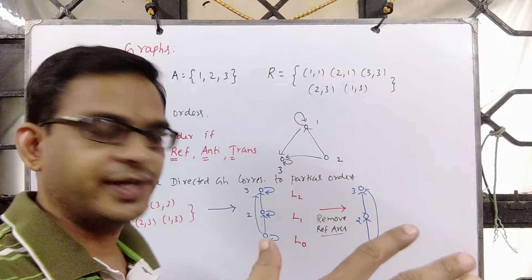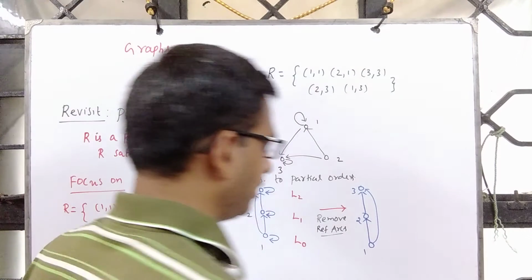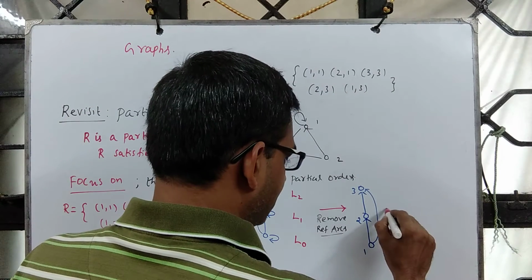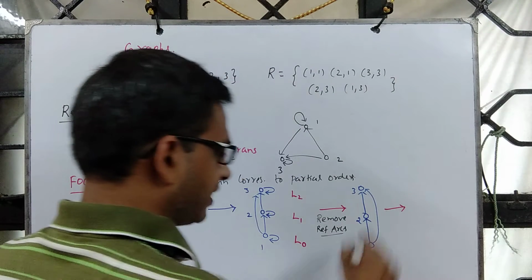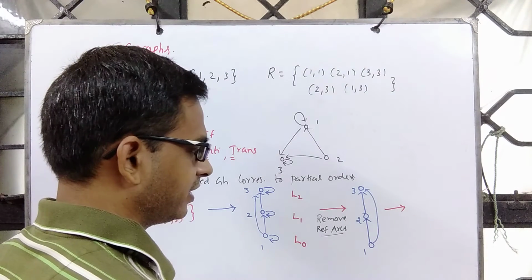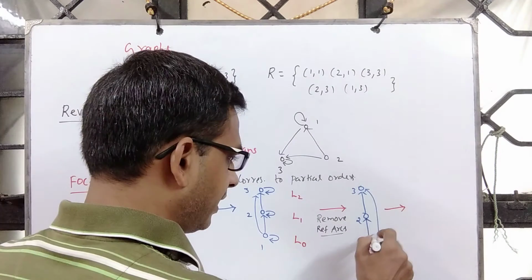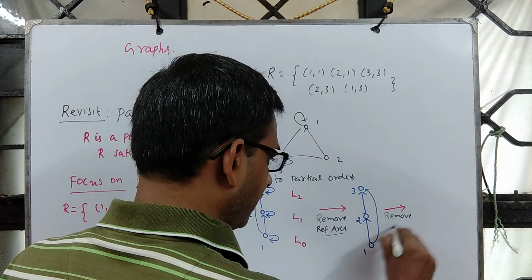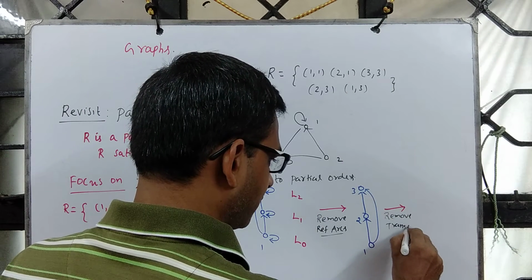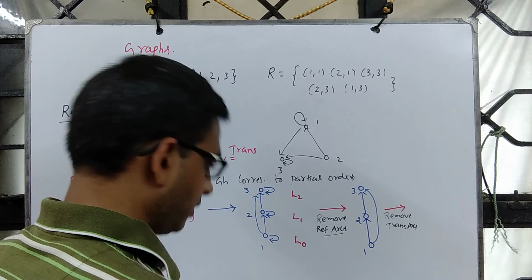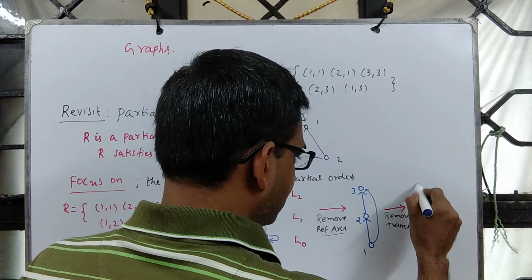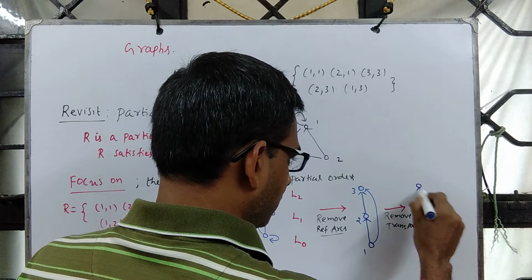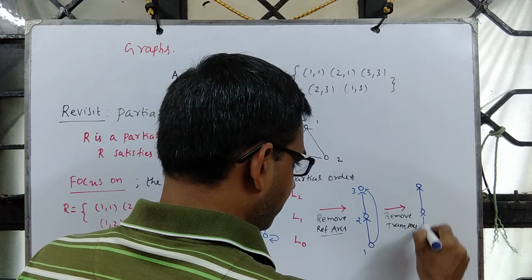You arrange them in a chain-like fashion, and this corresponds to partial orders, which means it has to be transitive. I am also dropping transitive arcs. So what we get is this.